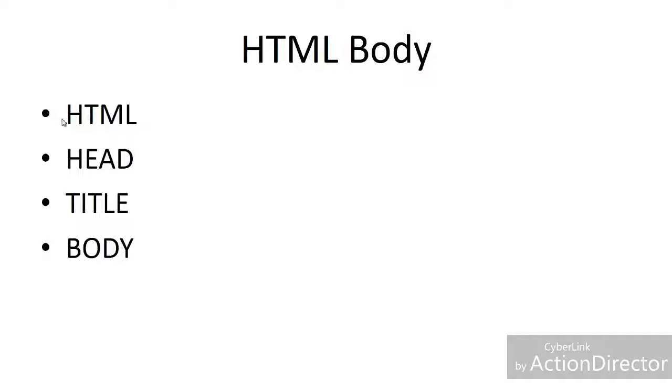This is saying, okay, this is an HTML page, and the next thing you'll see is the head. If you think about a human body, you have the head, and right below that you could have a name tag, like the title. And then right below that, you have a body, and then of course you have your feet and everything like that. That's probably the easiest way to think about it.